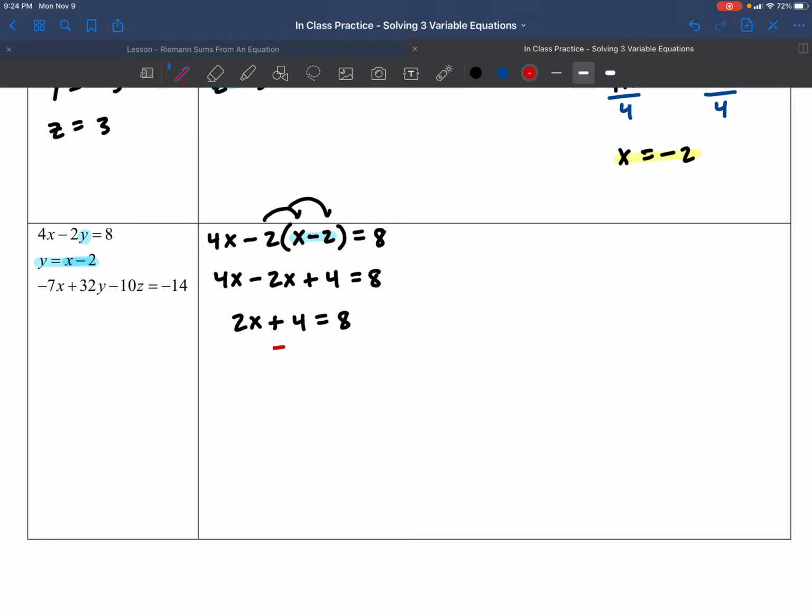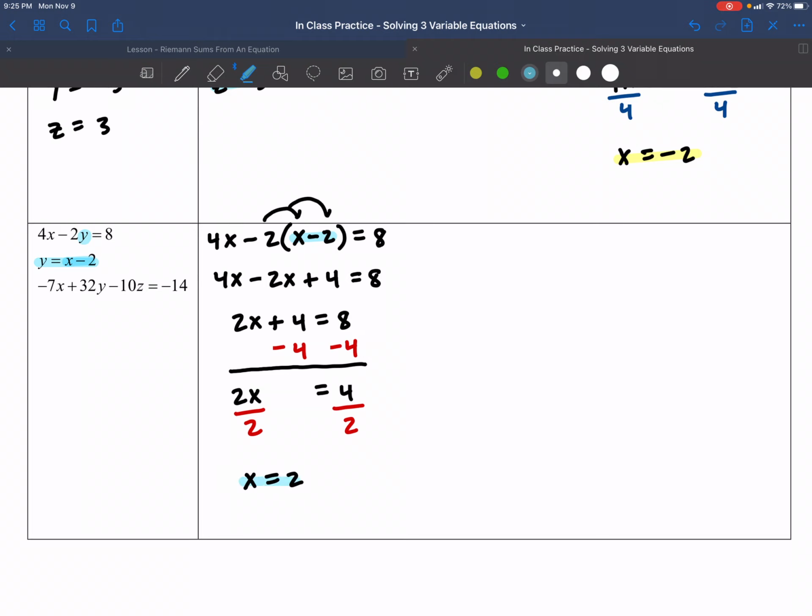I'm going to subtract 4 from both sides. So 2x is equal to 4, and divide both sides by 2 to get x equals 2. There is my first solution, x equals 2.